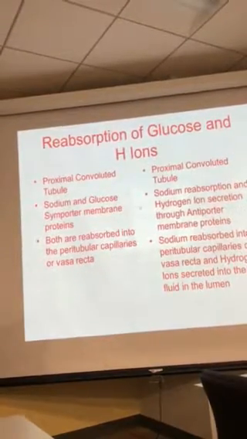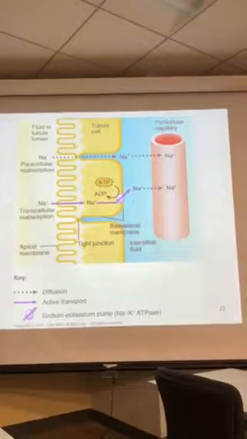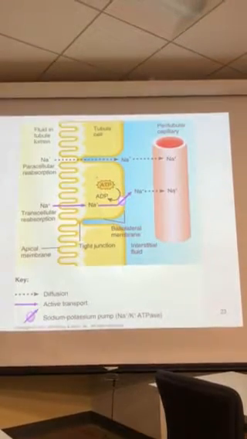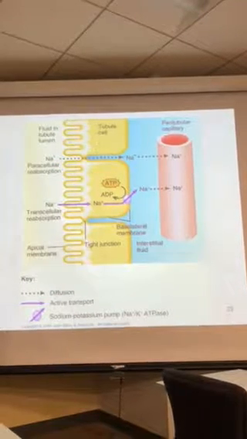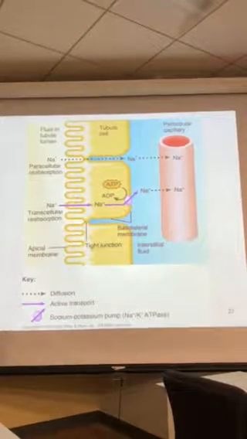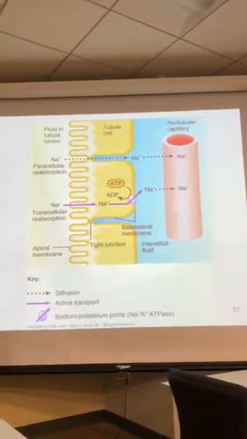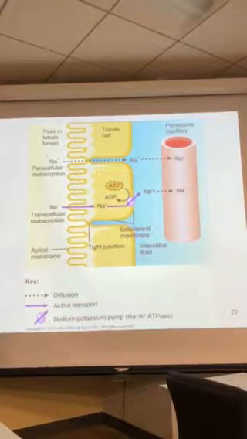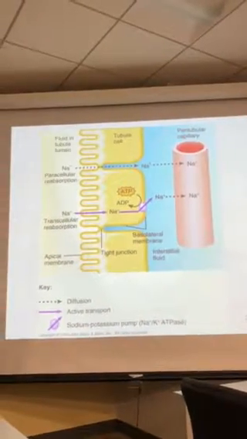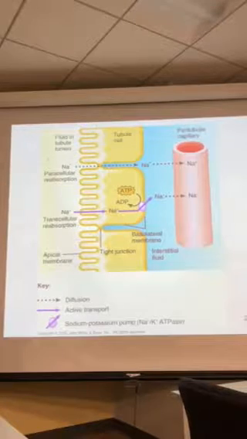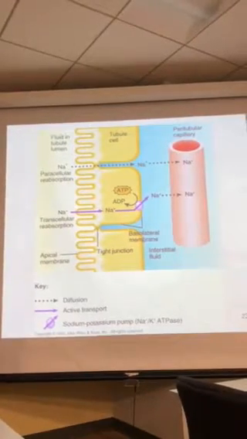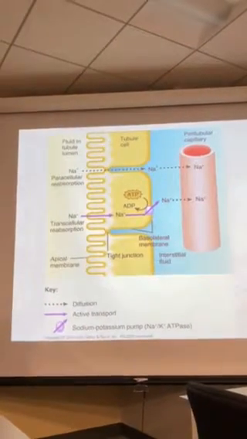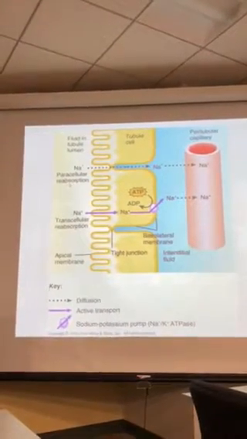We'll see this. So if you take a look at this, here's the renal tubule. So this might be, say, the proximal convoluted tubule. Here's the peritubular capillaries or vasorecta, and here's your fluid. Now, if you got sodium in here, sodium has the capability of going through the junctions between cells. That's called paracellular reabsorption.